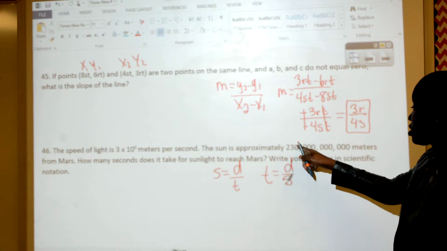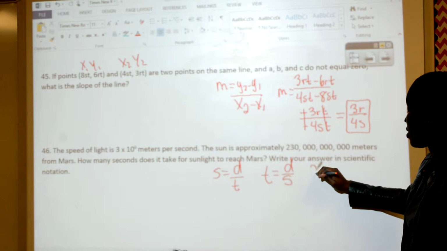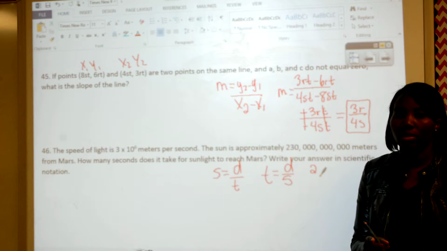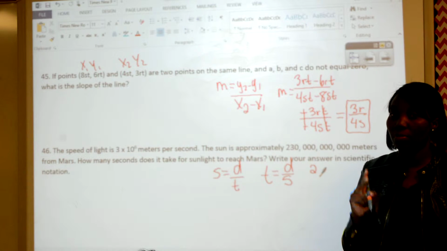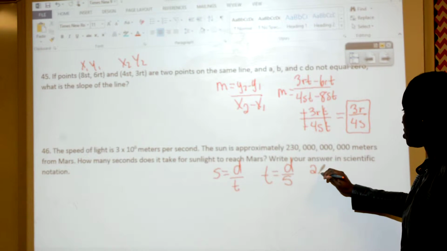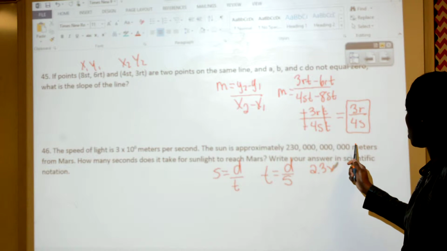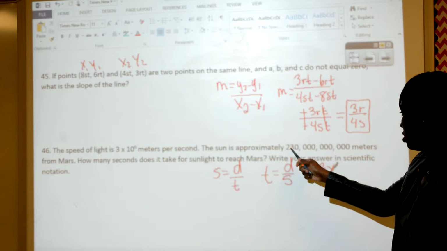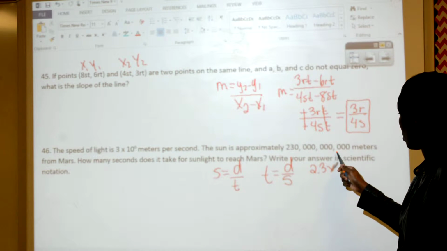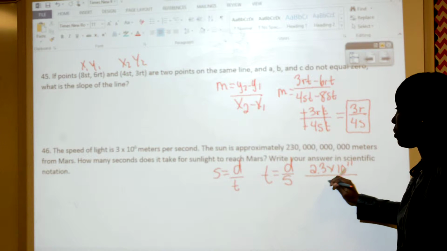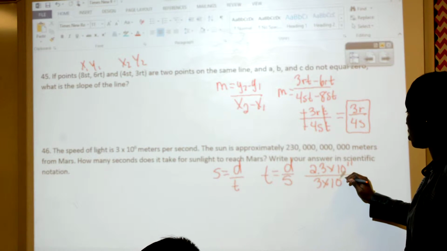So we divide these two, which if I write that in scientific notation, I end up with, oh, this problem doesn't work out. The answer isn't going to be really correct because it's scientific, but we still work it out. Because this one's going to be 2.3 times 10 to the, is it 12? 11. 10 to the 11 divided by 3 times 10 to the 6.